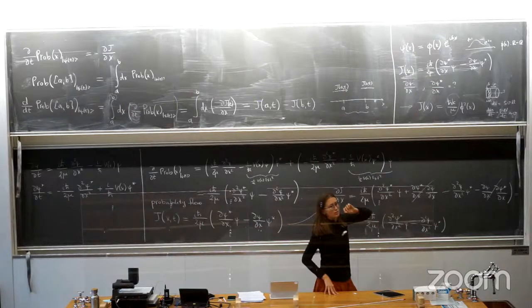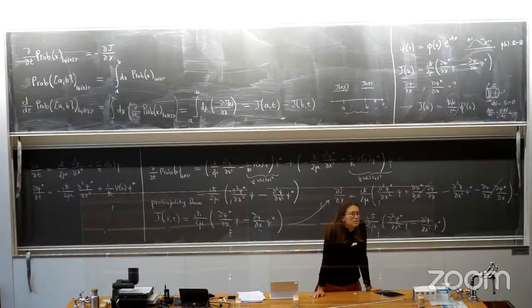Like this J x that we calculated here, which is essentially the same thing as the derivative of probability.